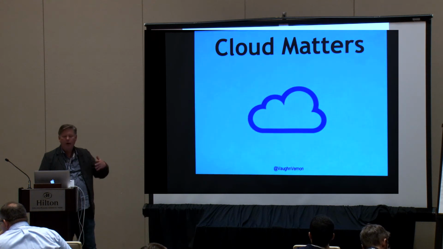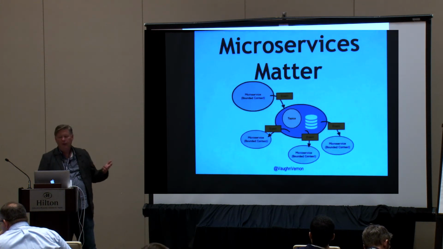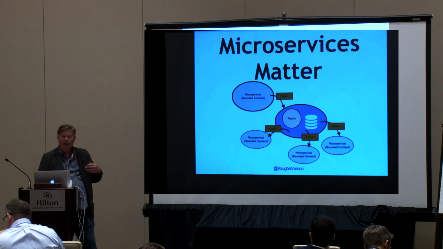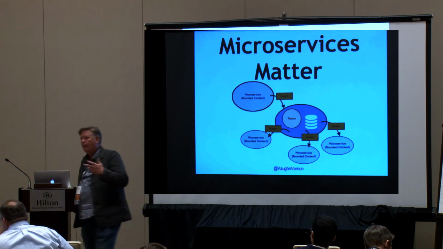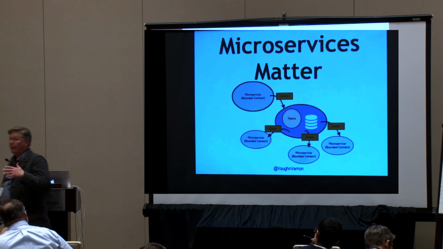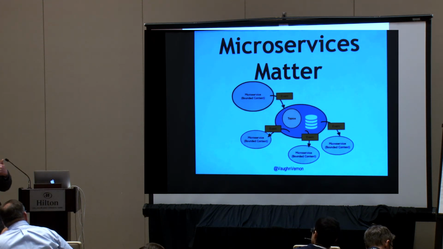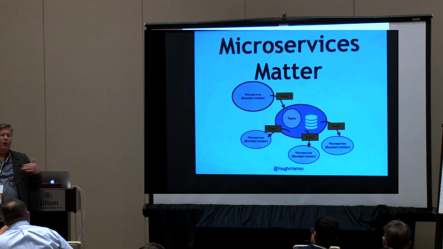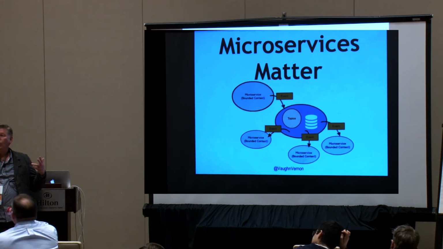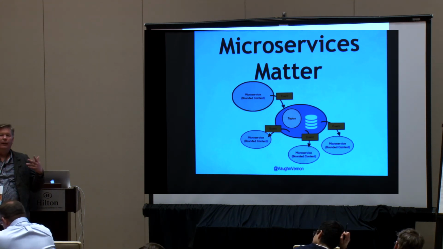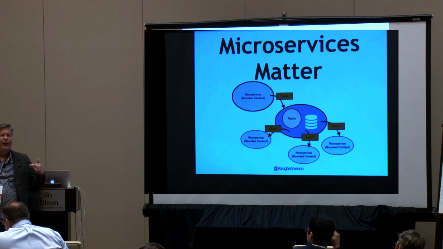Cores matter, the cloud matters, all of these things, microservices are happening. Some companies have so many microservices, and I'm talking about the 100-line variety, that they don't even know which ones they can stop. Which ones are now obsolete? Let's take it offline. They don't know if they can do that safely, so they leave them all running.